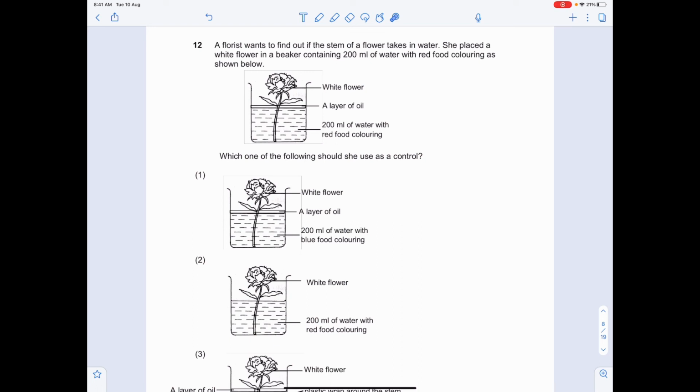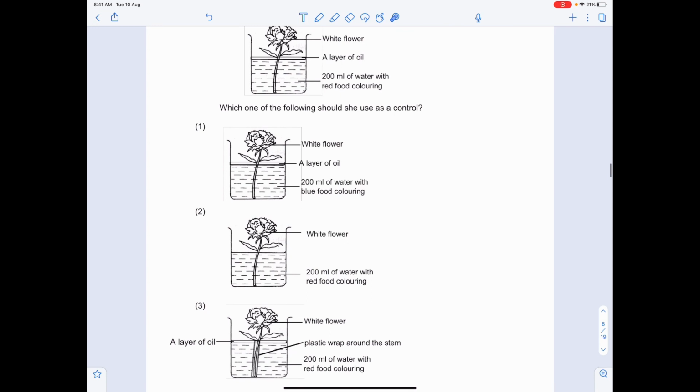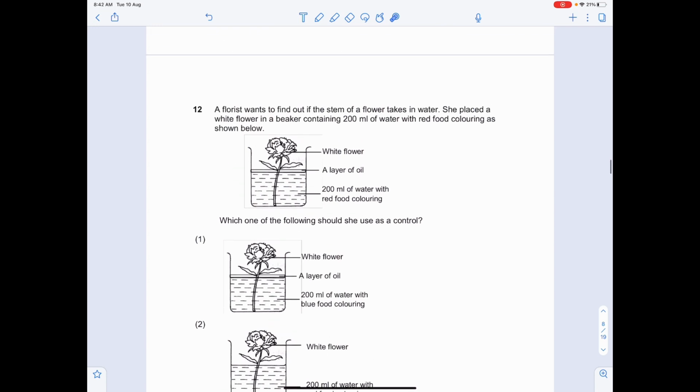So in this case, you're talking about whether or not the stem is the one that takes in water. In a way, this is like your change variable up to a certain extent.